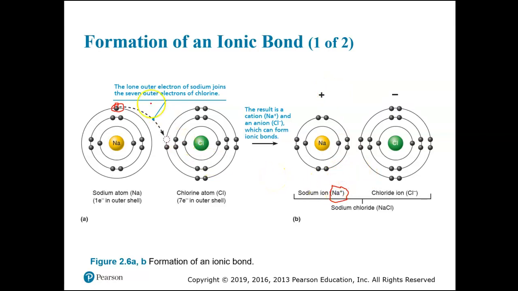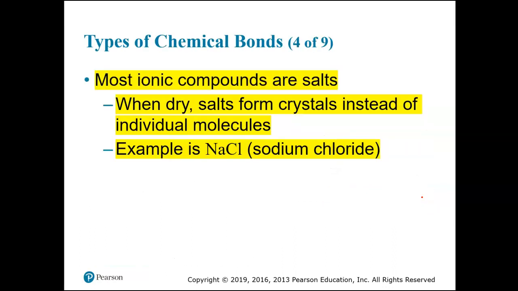Chlorine is going to be stable if it gains an electron. So gaining an electron will give the chloride ion a negative charge. And now you have an opposite charge on each of these ions. The cation is sodium and the anion is chloride. And because they're opposites, they attract. And that is an ionic bond.